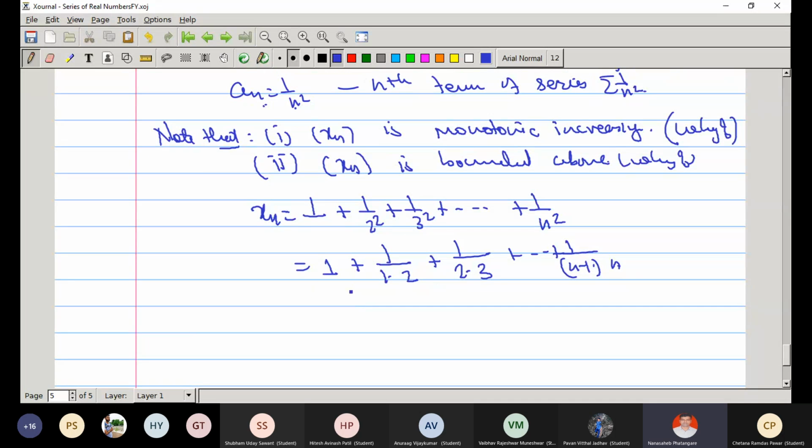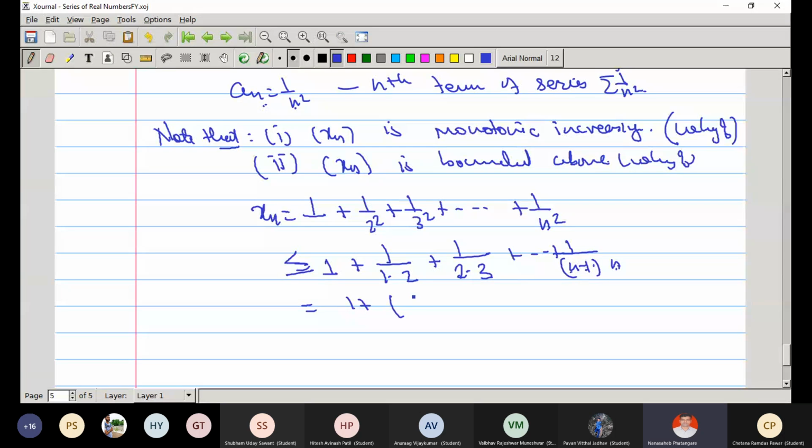Do you understand? 2 square is replaced by 1 into 2, so this denominator is smaller. Therefore this sum is larger. 3 into 3 in the previous step is replaced by 2 into 3. That means one factor 3 is replaced by a smaller factor, so the corresponding sum is larger. N into n is replaced by n minus 1 into n. So is it correct? This is larger.